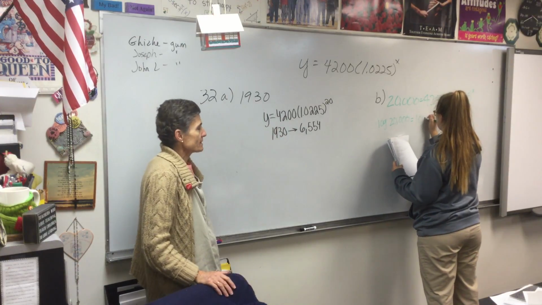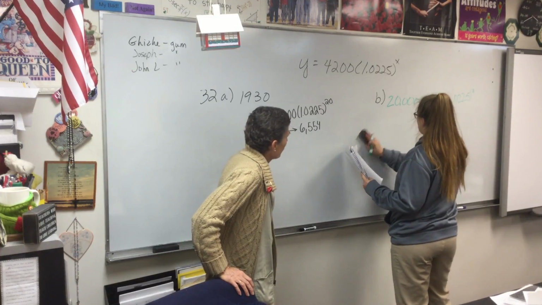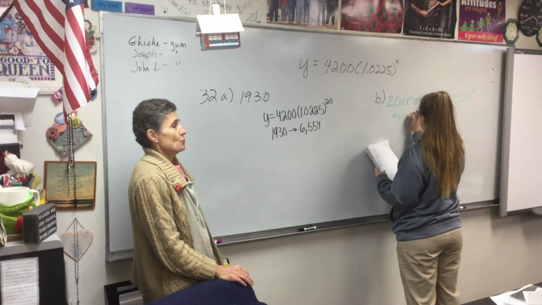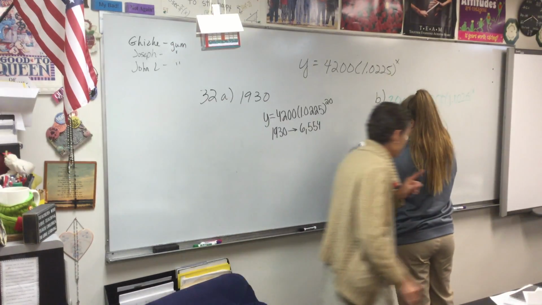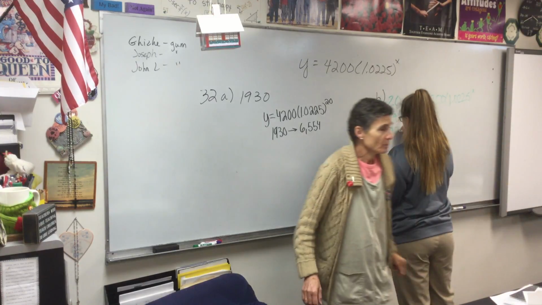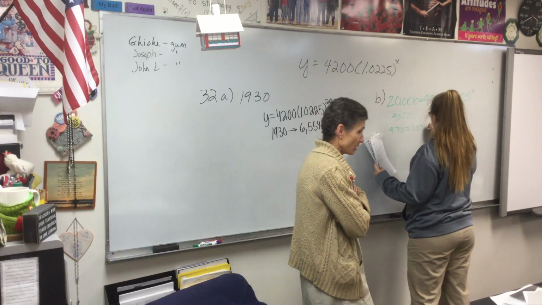Okay, so once again, Sam put in 20,000 for her Y value. I know when you look at this equation, you see X up here as a variable, and unless you can get a common base, the only way to solve for an exponent is to use logarithms, okay?